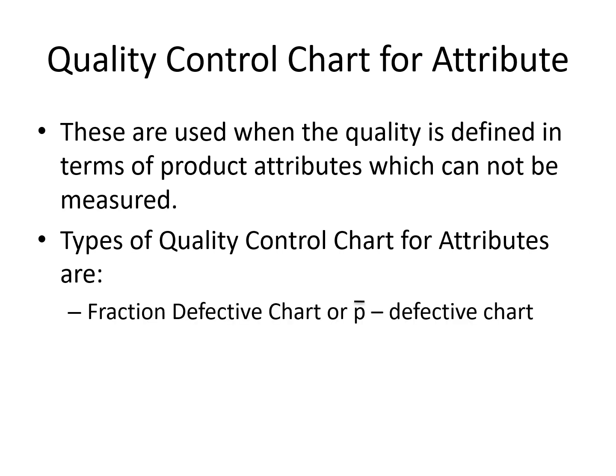So there are three types of quality control charts for attributes. First and foremost, we have the fraction defective chart, which is also called the P bar chart.